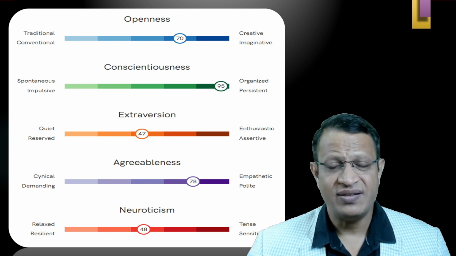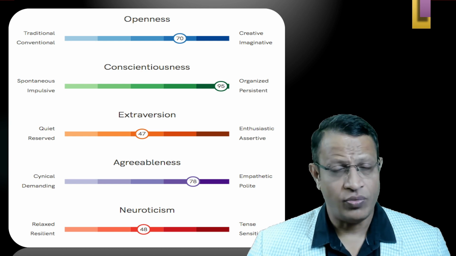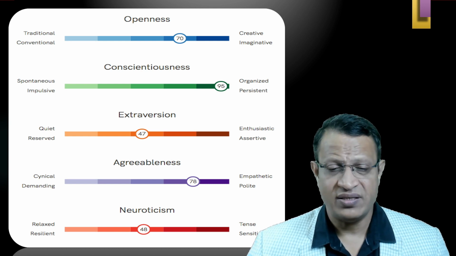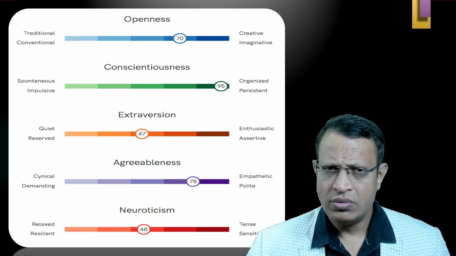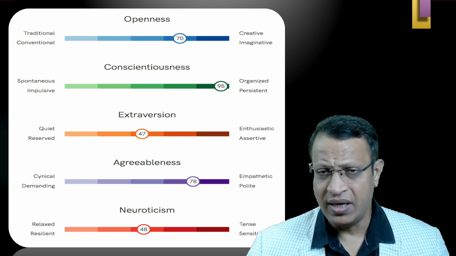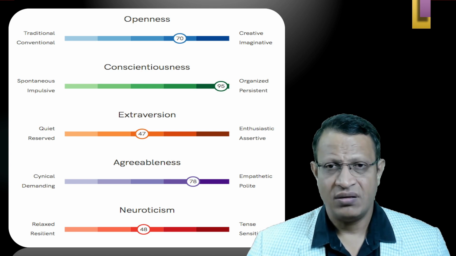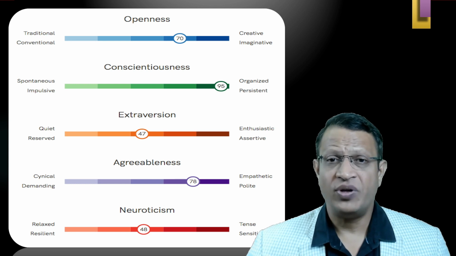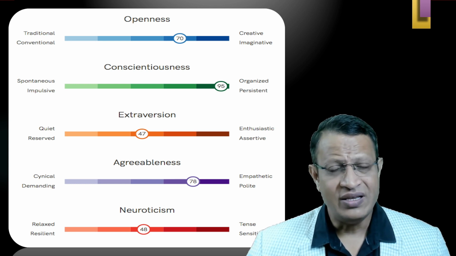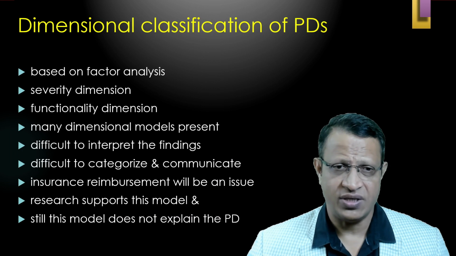On conscientiousness, it is 95. Extroversion 47. Agreeableness 76. And neuroticism 48. Although these markings may vary based upon stress or no stress. Based upon the environmental condition, these ratings may also vary to some extent.